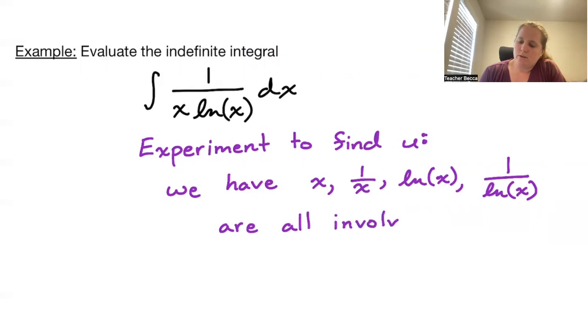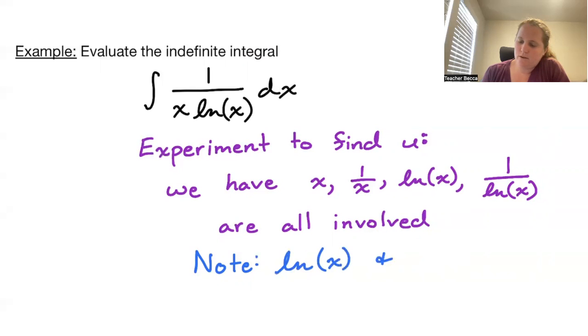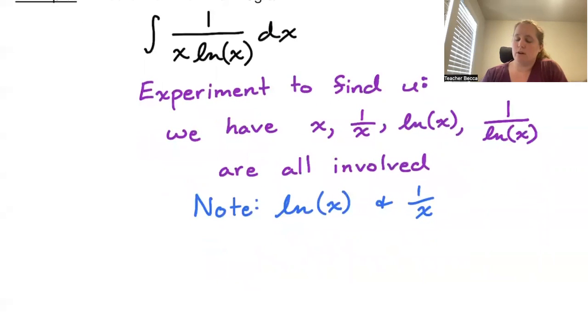If we look at these various options, we might notice that we have a function and its derivative combination. So note, natural log x and 1 over x are a function and its derivative combination.